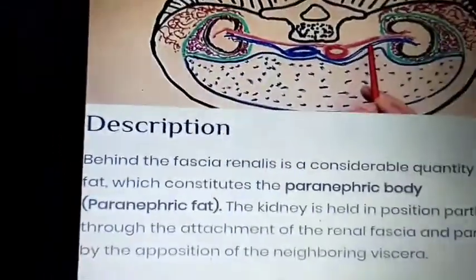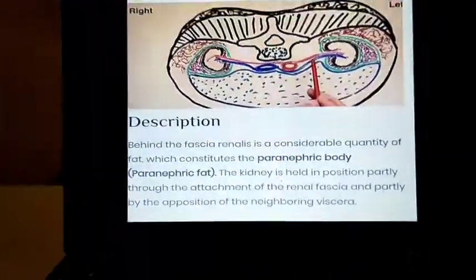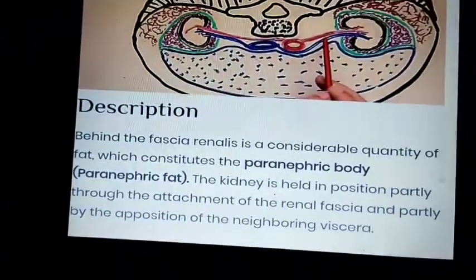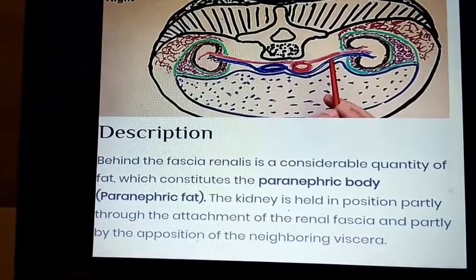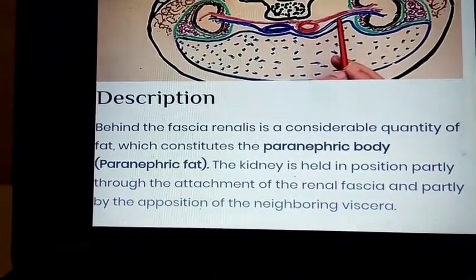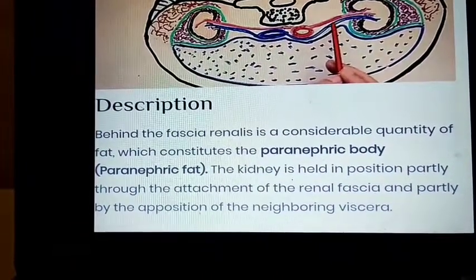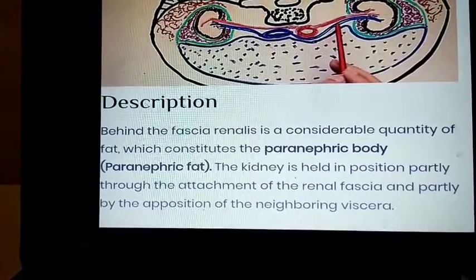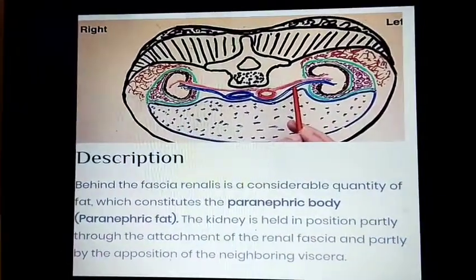These are structures, and this fascia connects the kidney and gives the relations and attachments to the surrounding structures. Behind the fascia renalis is a considerable quantity of fat, which constitutes the paranephric body or paranephric fat. The kidney is held in position partly through the attachment of the renal fascia and partly by the apposition of the neighboring viscera. You can go for the next slide.